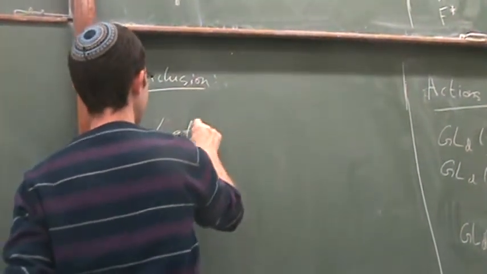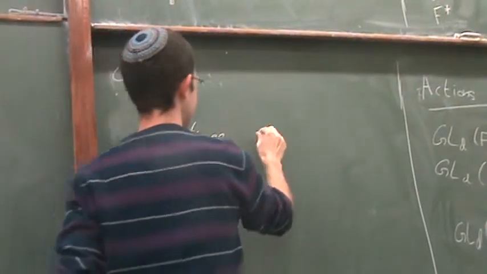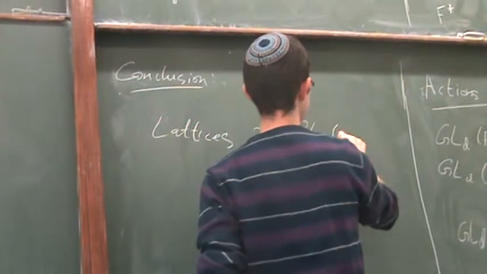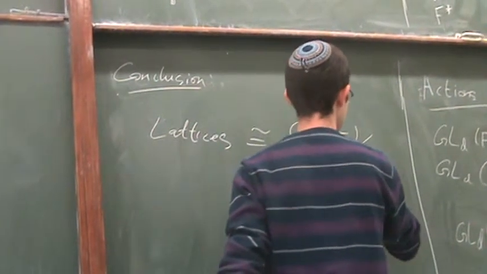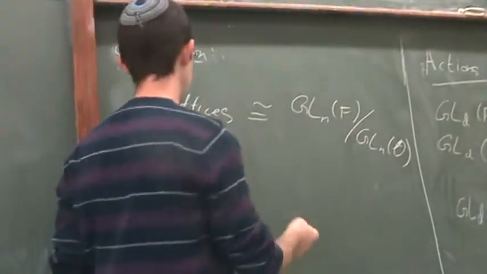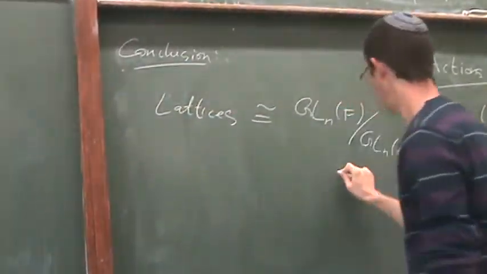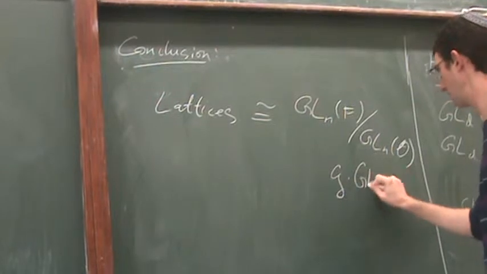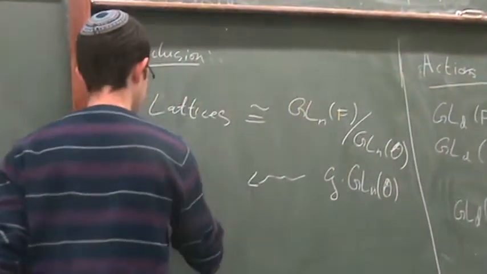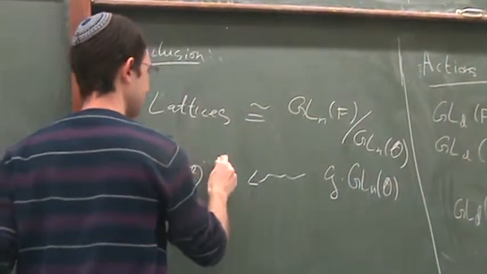So speaking about lattices is the same as speaking about GL_N(F) over GL_N(O). This is the same object, namely, just give me the coset, and I will send it to g times O^d.